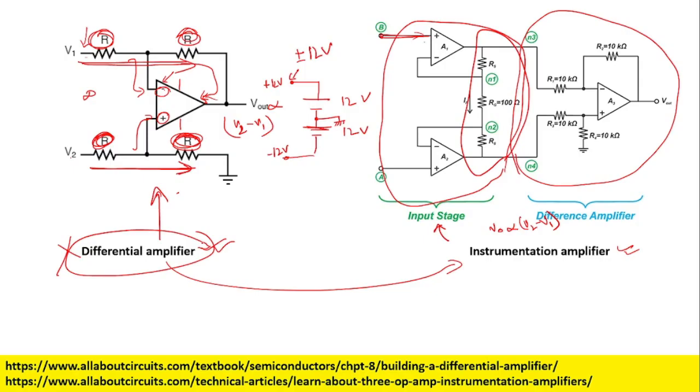The reason being, suppose I am taking the example of a non-inverting amplifier, with gain 1 plus R2 by R1. I'm just giving an example. In this case, if I have to increase the gain, I have to increase R2 sufficiently high.